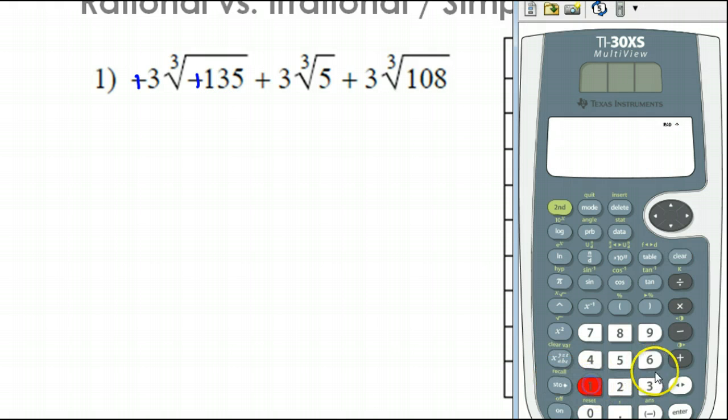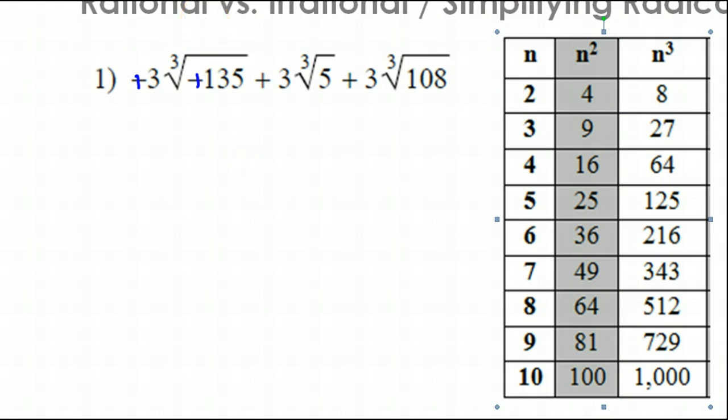So 135 divided by 8. Well, that's a decimal, so that does not go in evenly. What about 135 divided by 27? It turns out that goes in exactly 5 times. So I can rewrite this as the cube root of 27 times 5.